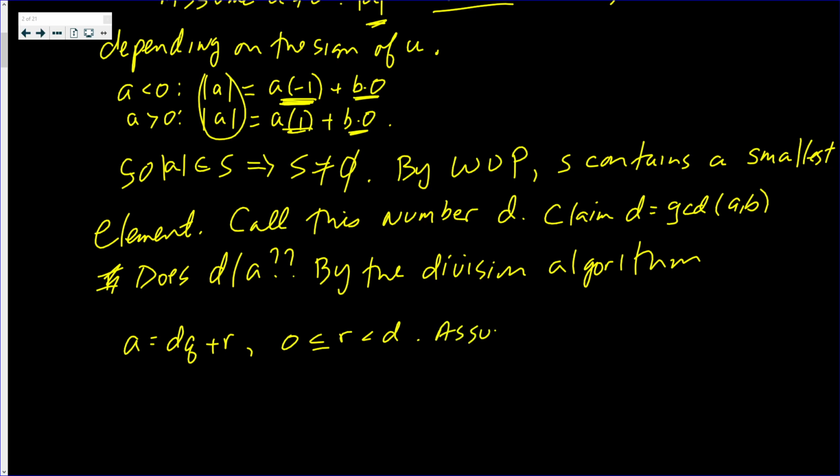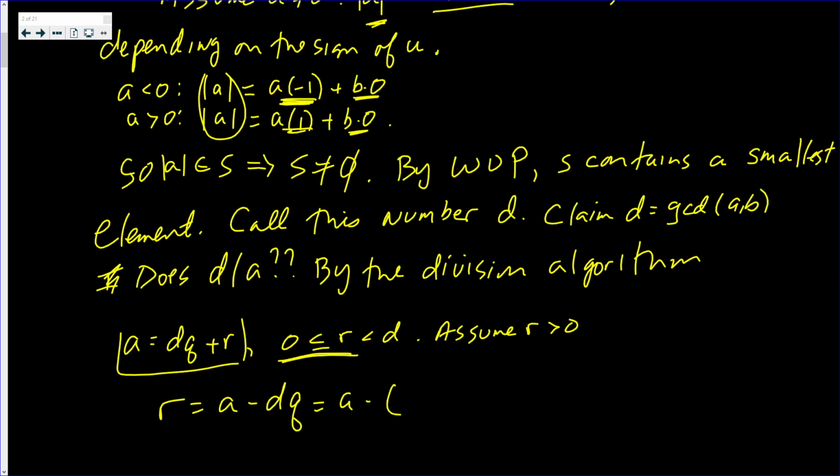By the division algorithm, A is a multiple of D plus a remainder R, where R is between 0 and D. It can equal 0, but it can't equal D. Let's assume that R is greater than 0. Either R equals 0 or R is greater than 0. Based on this equation, R is equal to A minus DQ.